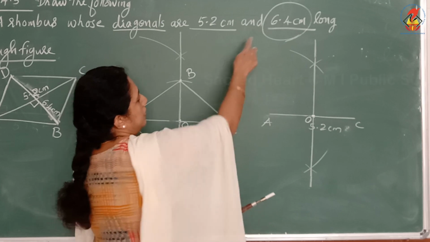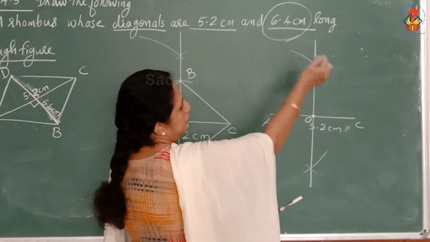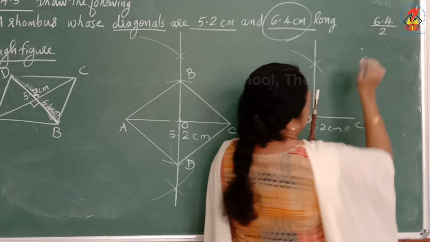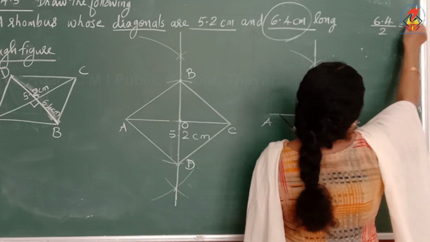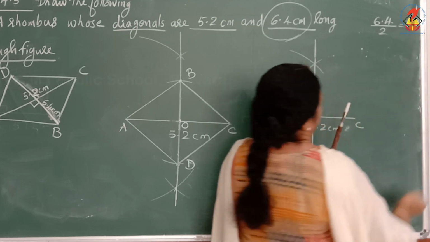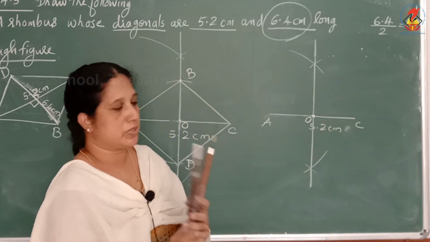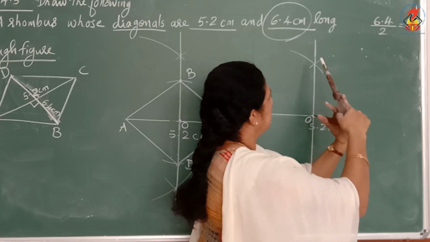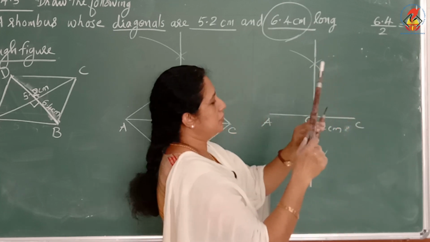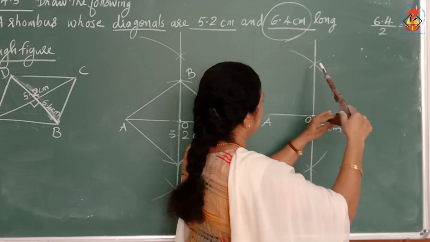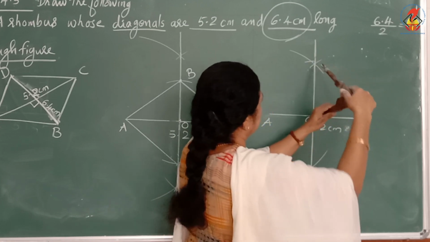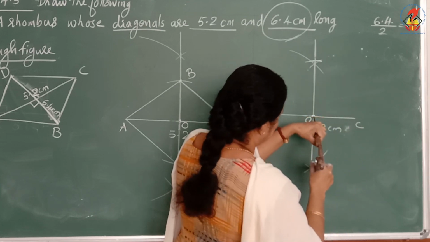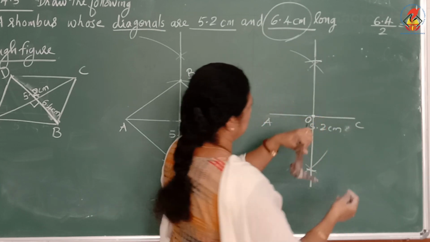Then look at the other measurement, 6.4. Take half of that, 6.4 divided by 2, which is 3.2. Take 3.2 on your compass. From O take 3.2 upward, and in the downward direction also you will get 3.2.